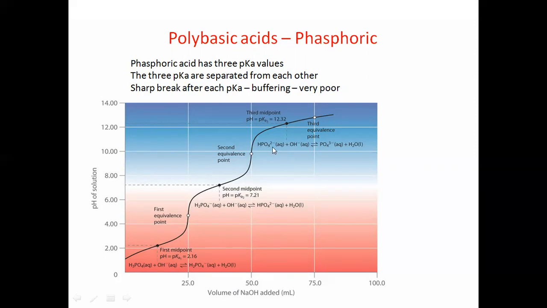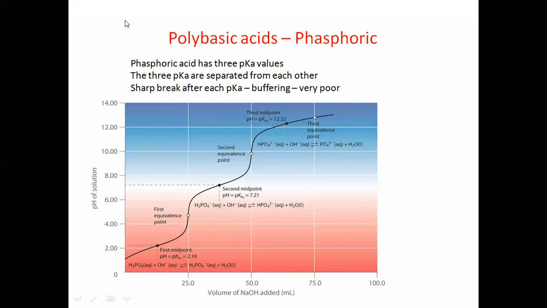That HPO4 2 minus loses one more proton and becomes PO4 3 minus, and there is no further titration because the acid unit now does not have any H plus ions. All the H plus ions are lost. So the third half equivalence point, which is the buffering zone, appears at a pH of 12.32. And then there comes a third equivalence point. So this is how the titration of a polybasic acid proceeds.